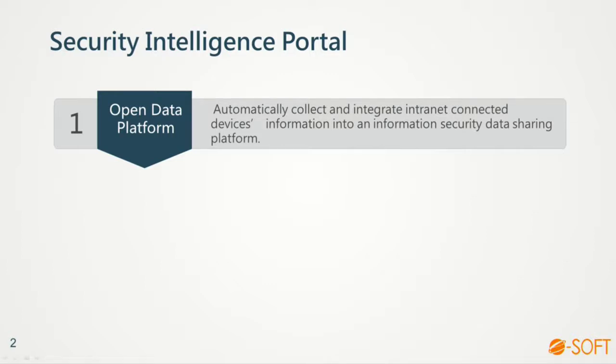It can automatically collect and integrate intranet device information into an agentless platform. Once the manager has all this information, they can build out their own automatic inspection checking process. Thirdly, we offer more than 80 types of audit reports.